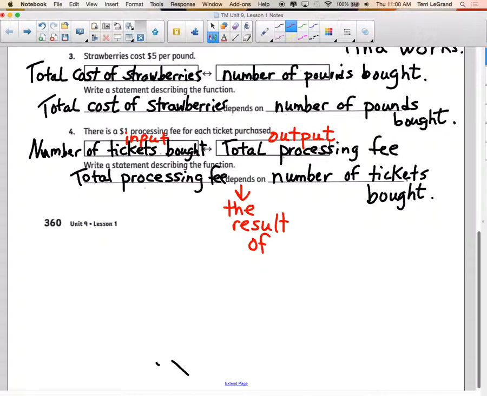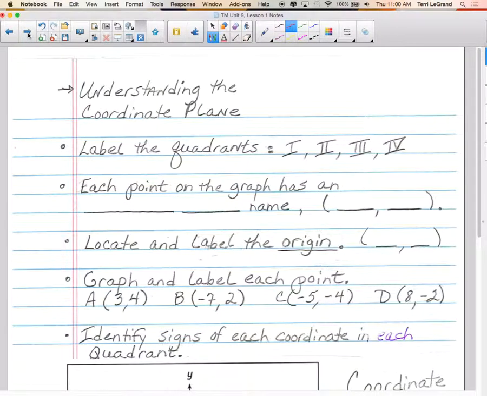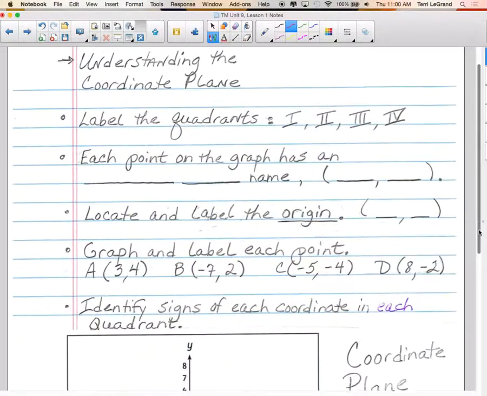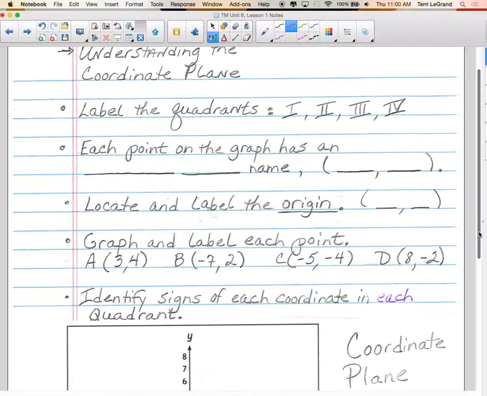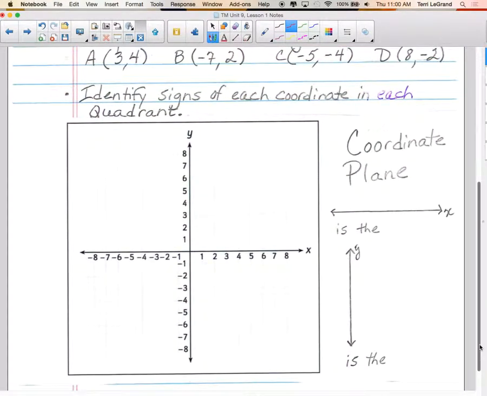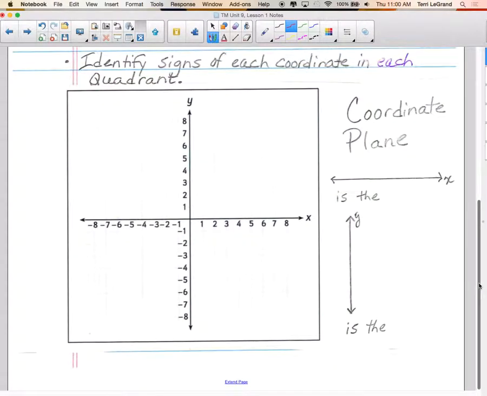Okay, let's go to our last page now. We're talking about the coordinate plane, making sure we have a good understanding of that, okay? So first of all, I just want us to jump down to the coordinate plane down here. The reason it's called the coordinate plane is because every point that you put on it has 2 coordinates. What are those 2 coordinates called? X and Y. Okay, well then, what are these guys called that are crisscrossing in the graph?